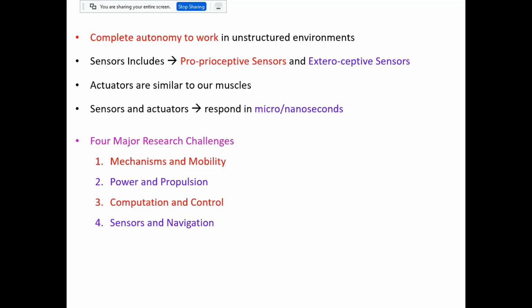They will decide on the spot. That's why computational and control capabilities are embedded in the machines. How is it possible? Through the sensors and navigation. These are the four research areas where people are concentrating more on smart, intelligent machines.